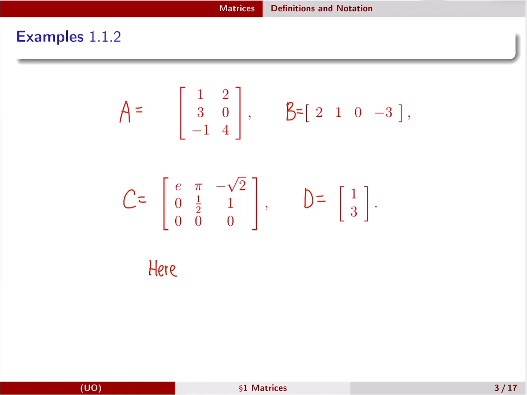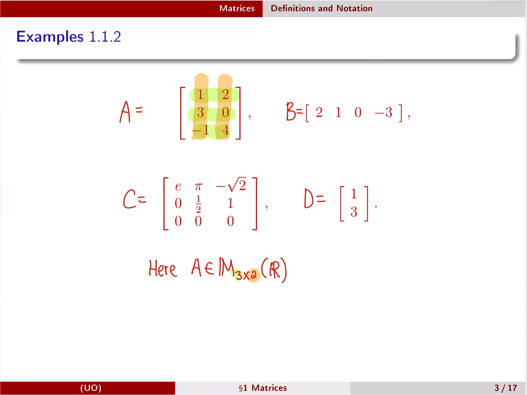Let's go look at some examples. First, let's look at this matrix A. Matrix A is a 3 by 2 because there are three rows, 1, 2, 3, and there are also two columns. So always the row number first, so 3, and then the column number 2.